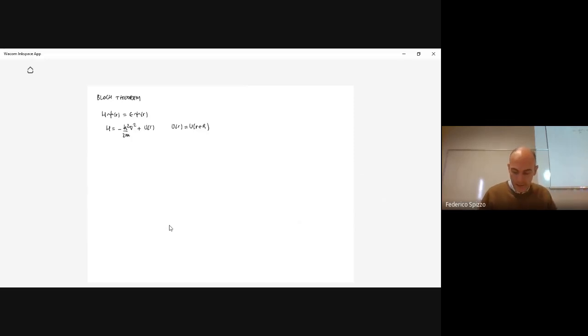So in this case, we have that the potential term in the Hamiltonian has the same periodicity of the Bravais lattice that is found in the system that we are going to study.